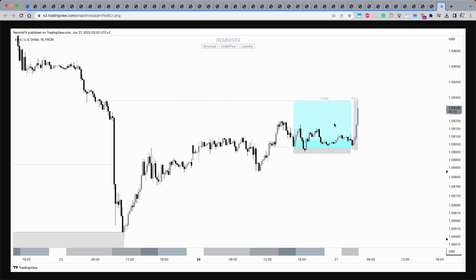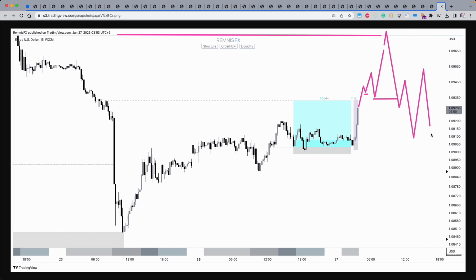But on the other hand, price may also push higher, do something like that, and then continue higher, take out some major swing high here perhaps, and then come back, take out this major inducement, and then continue higher, or come back. So basically, we don't know yet.